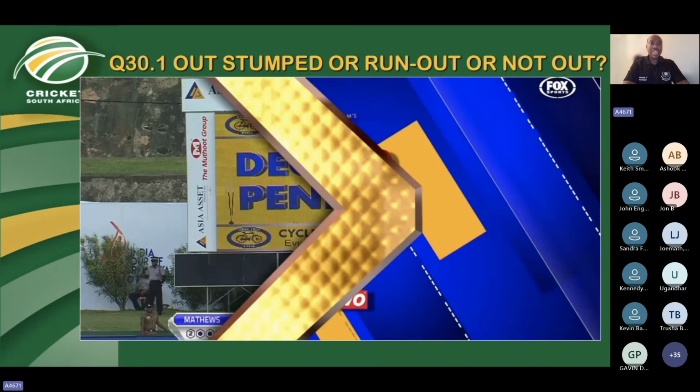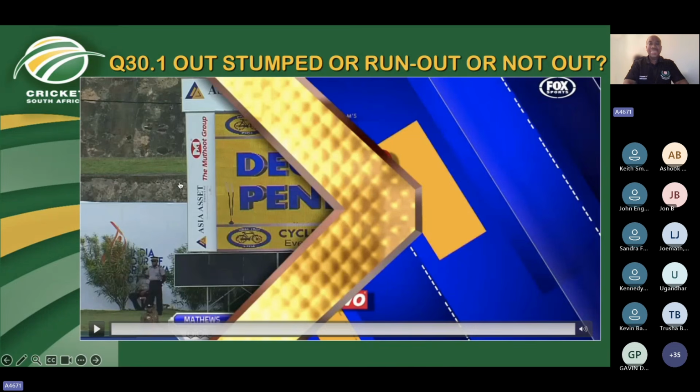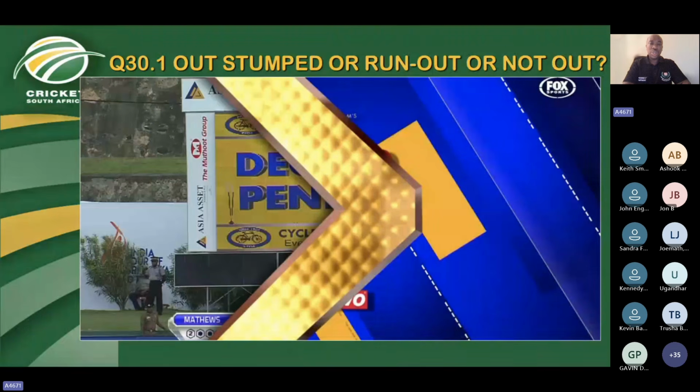Law says if a batter has made good his or her ground and then subsequently dives or runs and the bat is lifted when the wicket is fairly put down, they shall be protected from being run out or stumped.